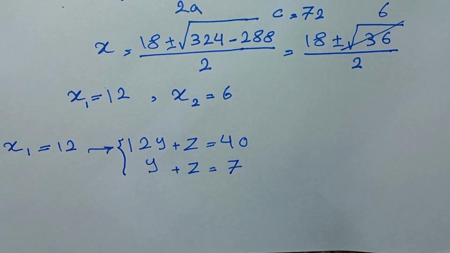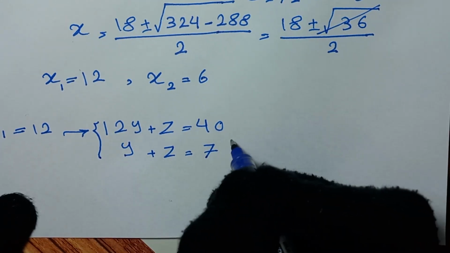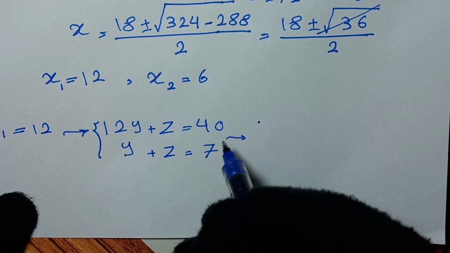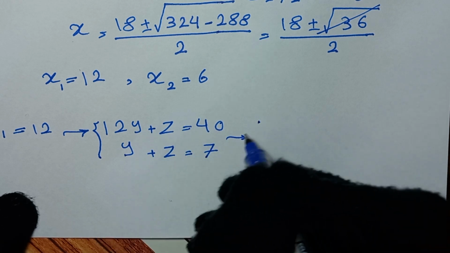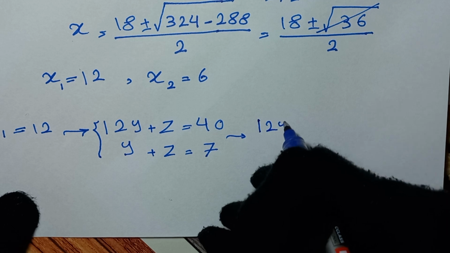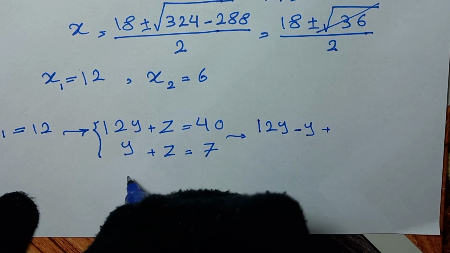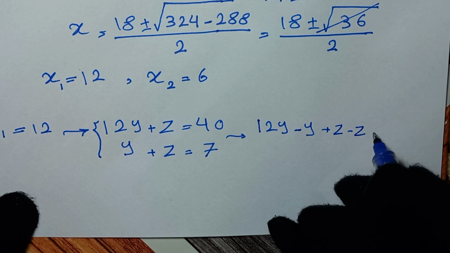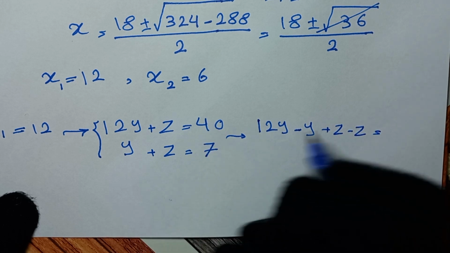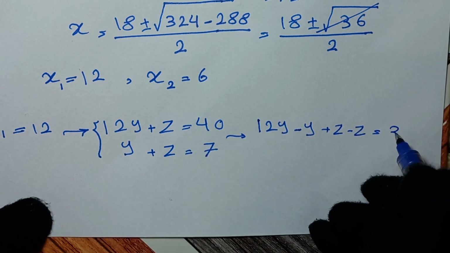So from these two equations, we subtract these two equations, and it will be 12y minus y and plus z minus z, it will be 0, right? Z minus z is 0, and 40 minus 7, it will be 33.